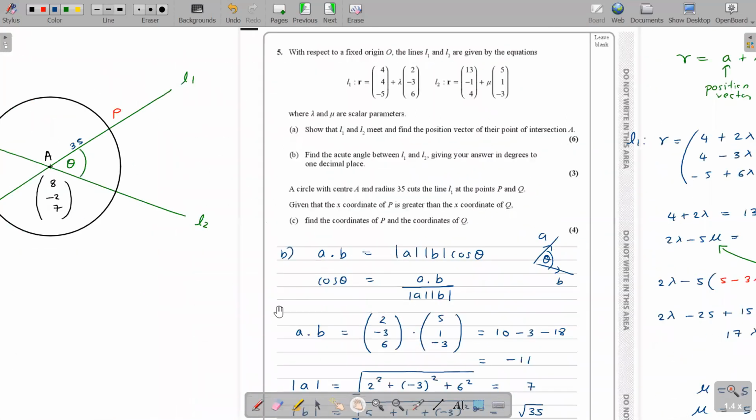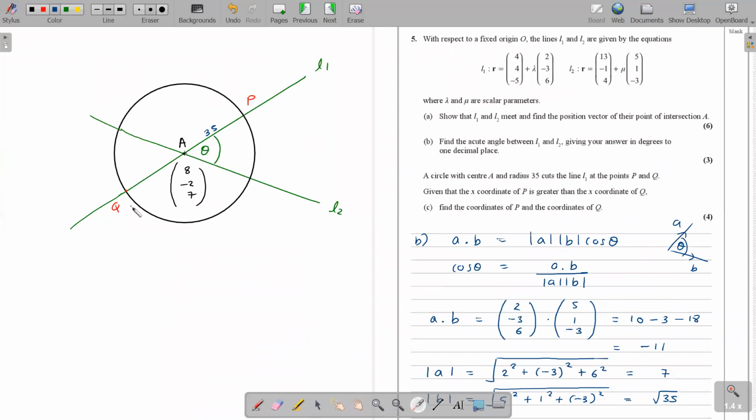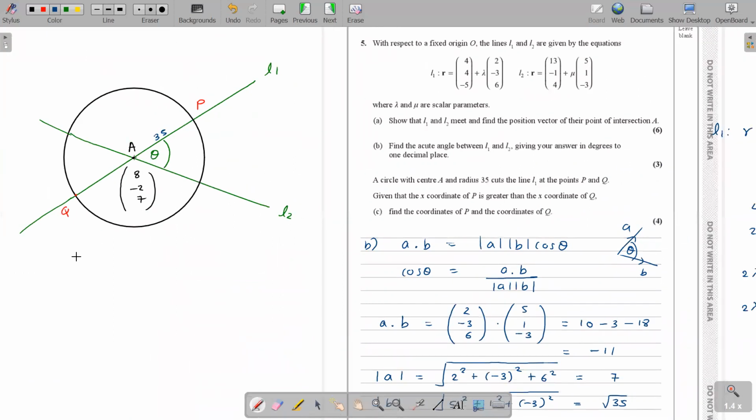Now, P and Q are both lying on line 1, right? Which means P and Q must both satisfy that equation. So can I have the general coordinate of P and Q, the general coordinate of any point on line 1? It could be the P coordinate or it could be the Q coordinate.